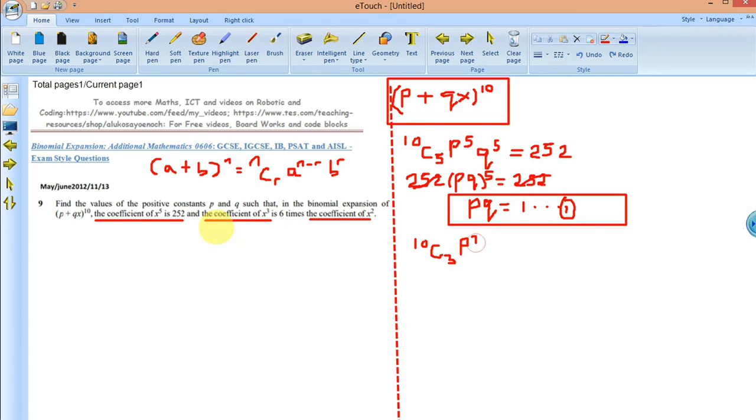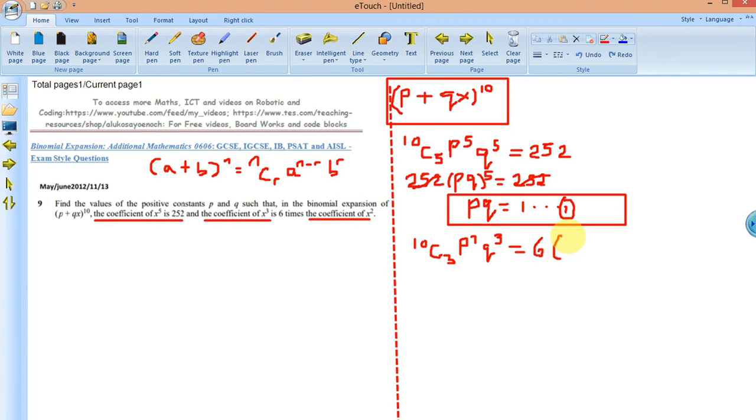Then the coefficient of x cubed there, that is q, so that is q raised to power 3. Then equals 6 times, so that is 6 into. When r is 2 this time around, that is 10 combination 2.